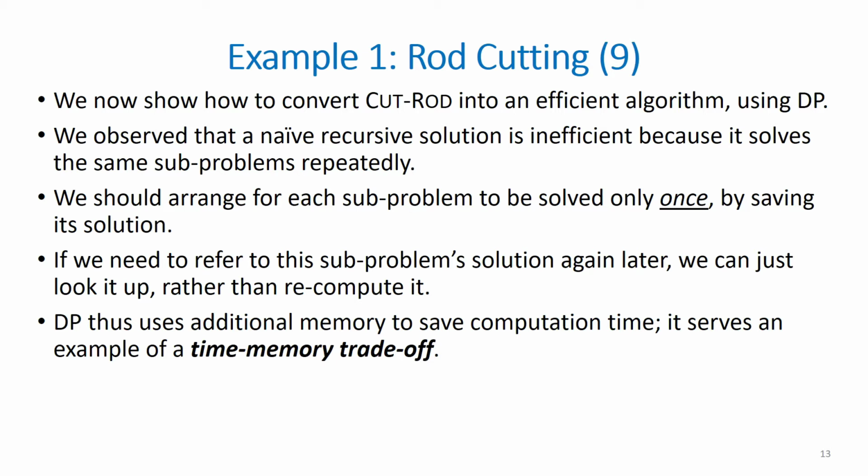While DP saves computational time on one hand, it imposes the need for additional memory space on the other for storing the table. So there is a trade-off between time and memory over here.